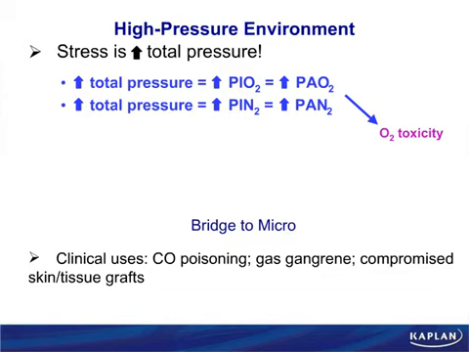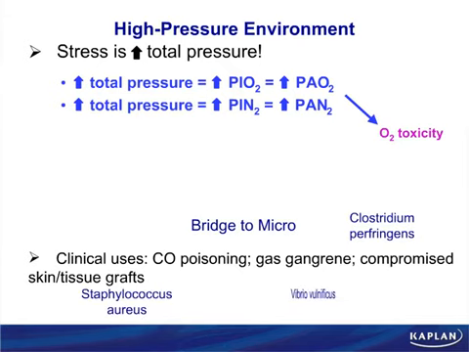Let's do a little bridge to some bugs. Microbiology. Hopefully you remember Clostridium perfringens. Yeah, that's an anaerobe, and so we utilize hyperbaric conditions because of this bug. And also, we do have some aerobes that can sometimes be treated effectively by increasing oxygen, and that's Staph and Vibrio.